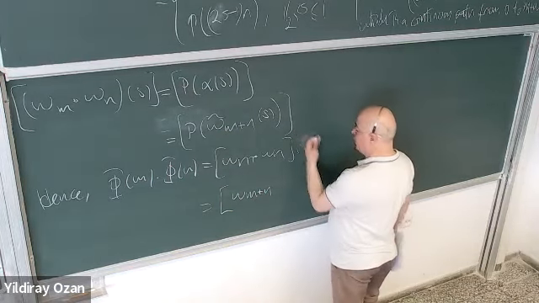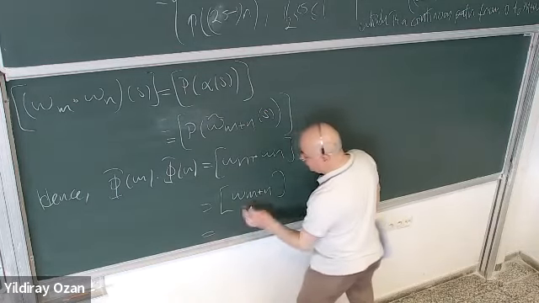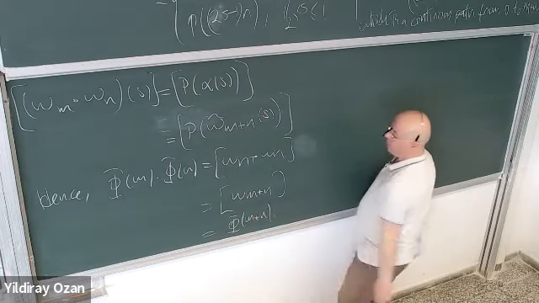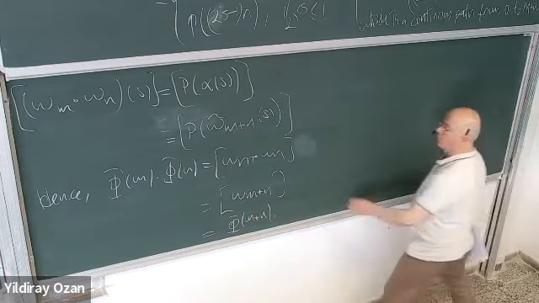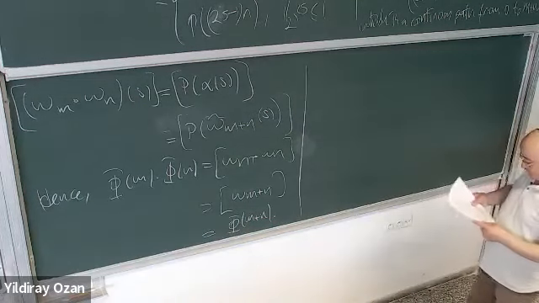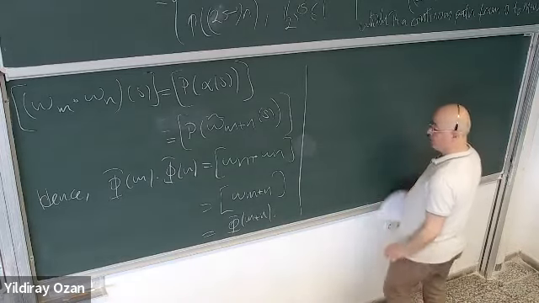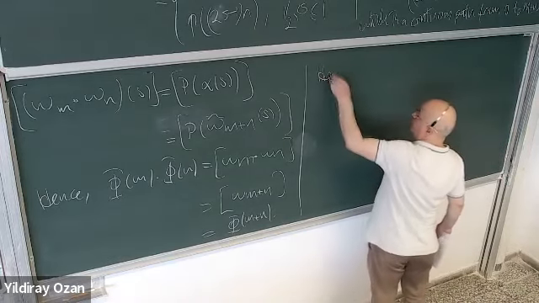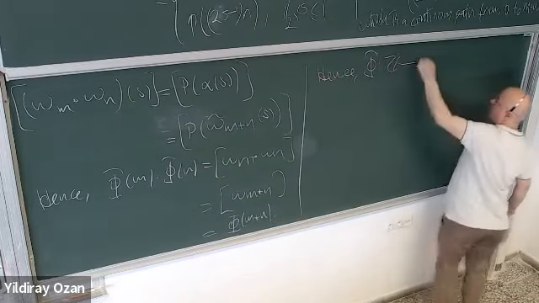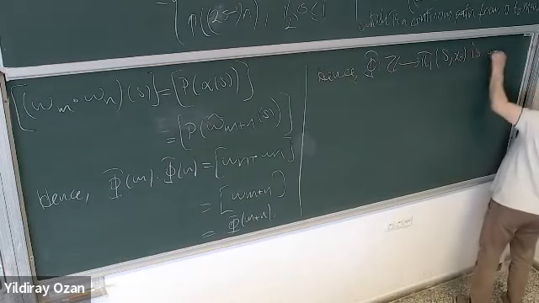Actually, there is no need to write s here. Homotopy class of this, but this is just by definition m plus n. Okay, so this map is a homomorphism. Hence, this thing is a group homomorphism.